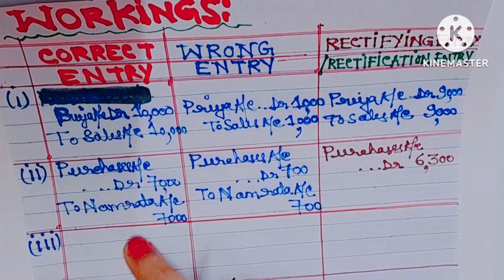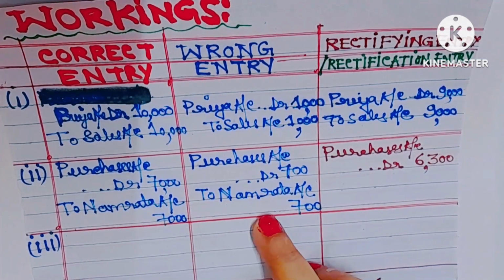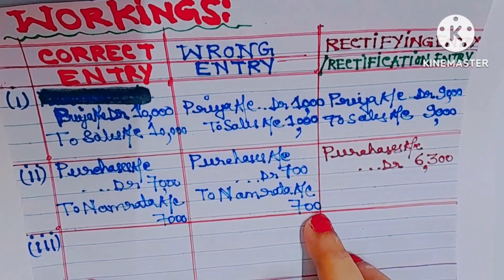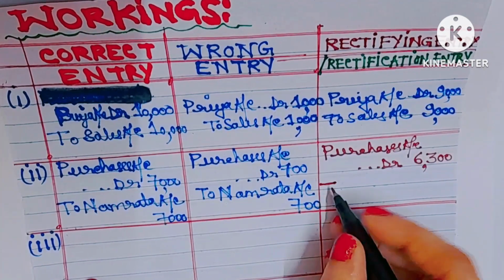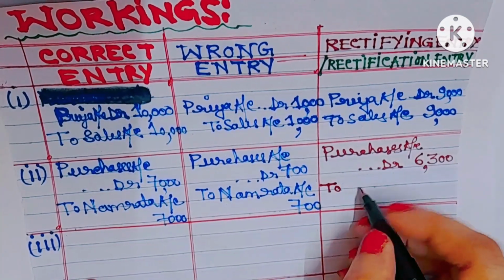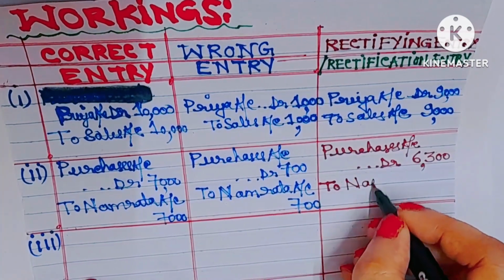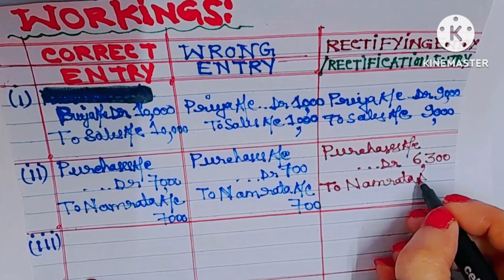Okay? Similarly, let's compare the credit side. On the credit side, in the correct entry, to Namrata account rupees 7,000. And in the wrong entry, on the credit side, to Namrata account rupees 700. So the journal entry is correct. To increase the amount, we don't have to change the side. So we'll write to Namrata account on the credit side.